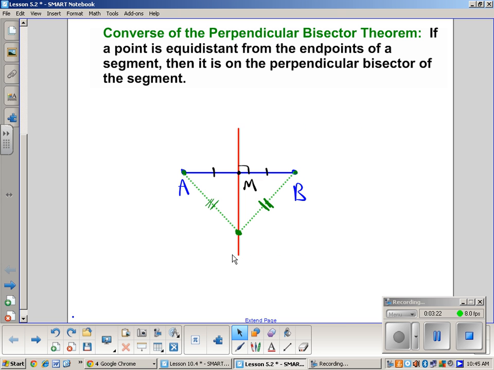It's just the converse of the other one. So it just switches it around.